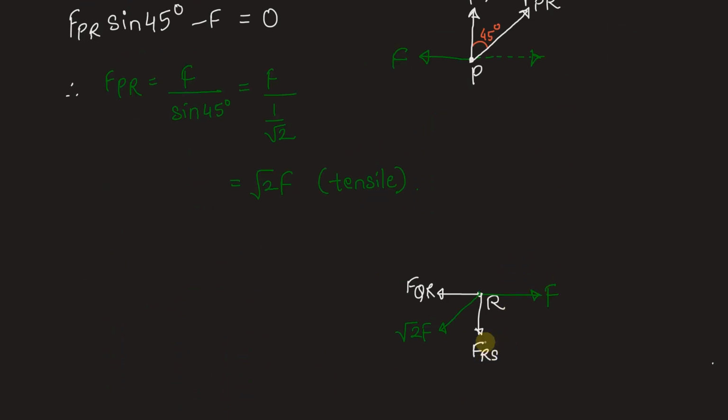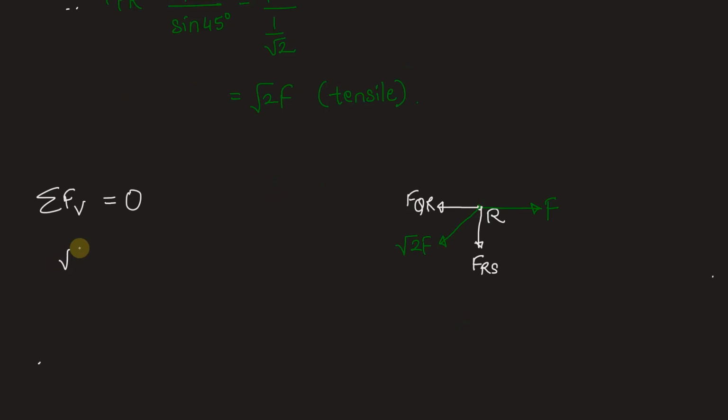Now, as we need to find the vertical force here, we will apply the equilibrium equation that says summation of all vertical forces is 0. When we write the summation, we have root 2F, and this angle is 45 degree, as we knew. Sine 45 degree is the vertical component, but it is downwards, so it should be negative.